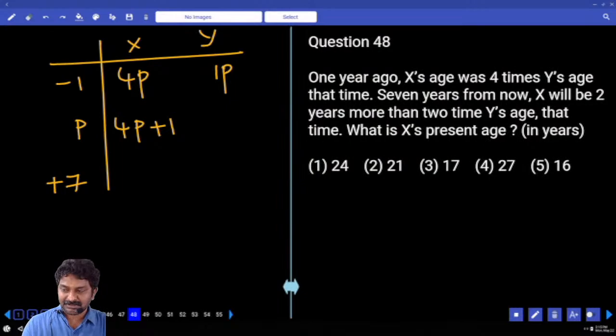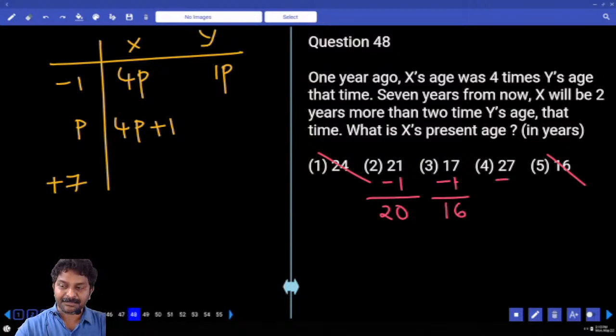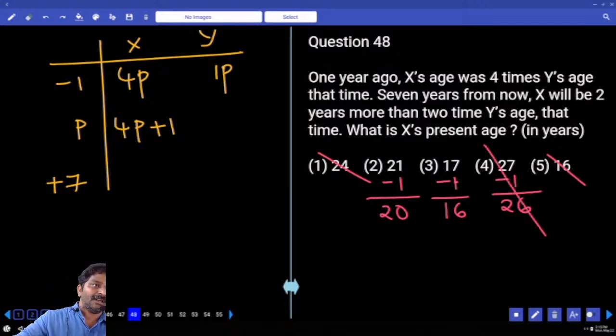Go to the options and eliminate. Subtract 1. Is 24 a multiple of 4? That is a possibility. Third option, minus 1. Is it a multiple of 4? Possible. Subtract 1, 26. Is it a multiple of 4? So the answer is either the second option or the third option.